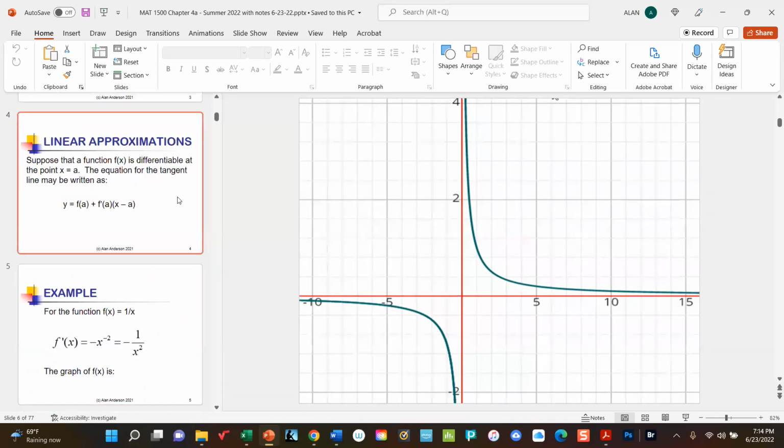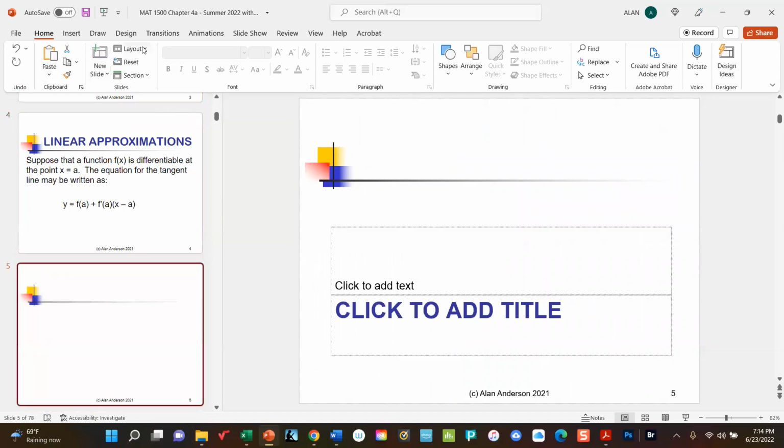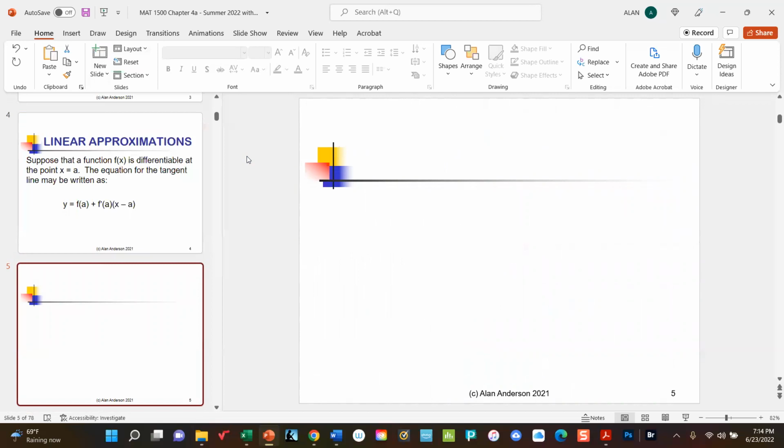So we started out by noting that for point A on a function, what we can do, and let me just throw in a quick sketch here, is we can approximate the value of a function by describing a tangent line to the function at a given point.